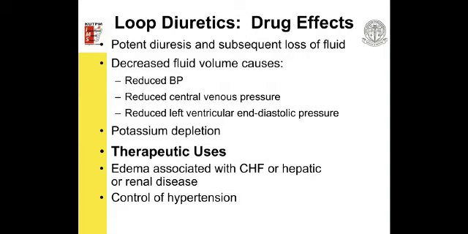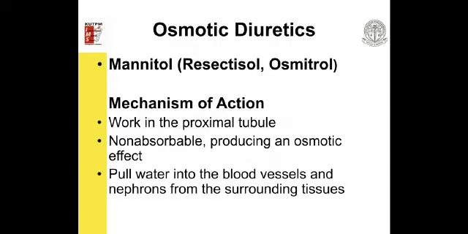The decreased fluid volume reduces the BP, the central venous pressure, and left ventricular end-diastolic pressure. They are used therapeutically in cases of edema with congestive heart failure and hepatic and renal shutdown, and also in the treatment of hypertension.